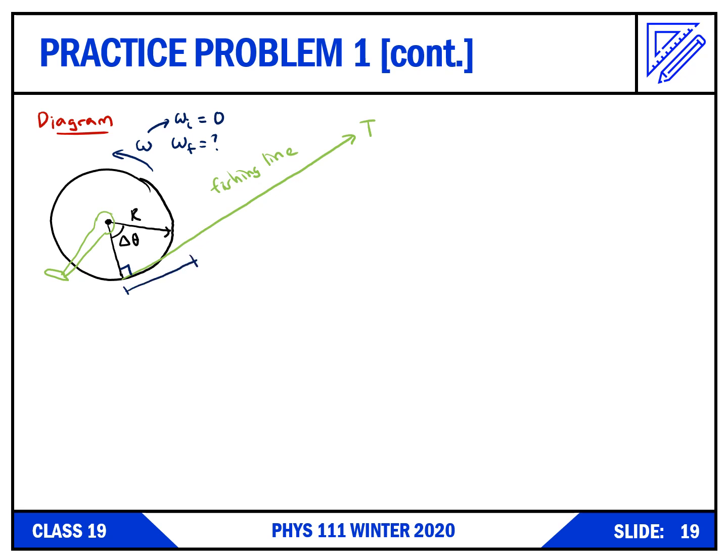And we also know that if the spool is turning, it's going to release more of the fishing line, and that means that the fishing line has traveled a distance of delta x, which is equal to r delta theta.